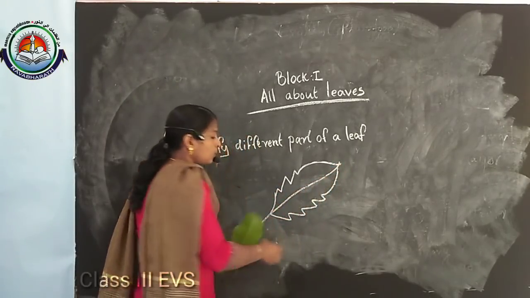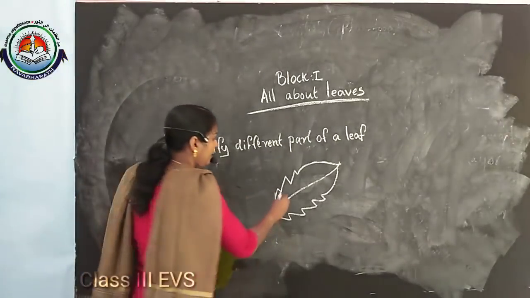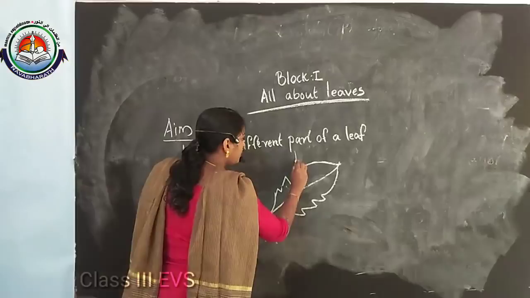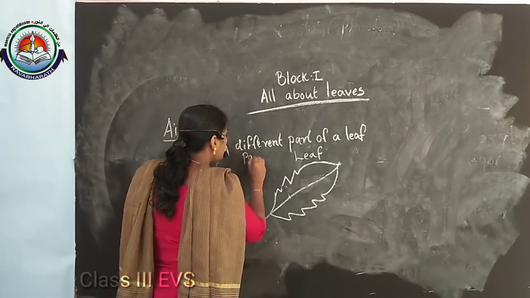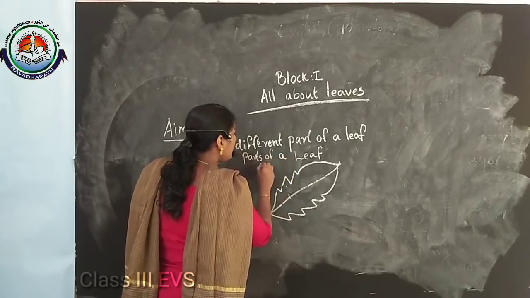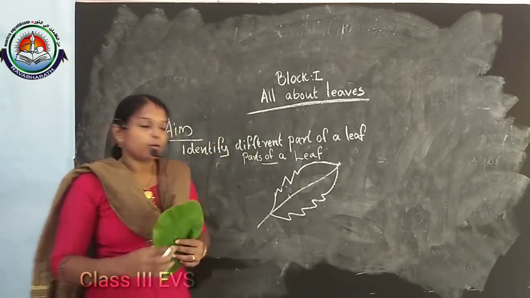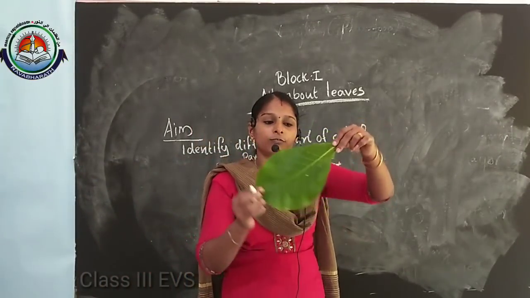What is this? This is a leaf. We are going to learn about the parts of a leaf. First we will start with the first part of a leaf.